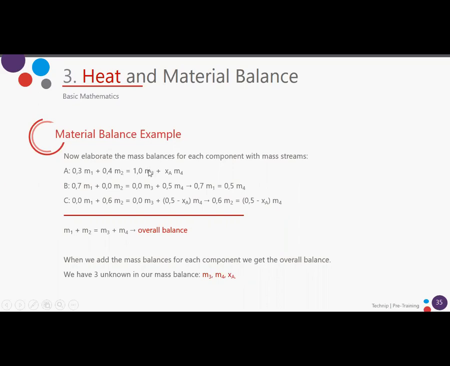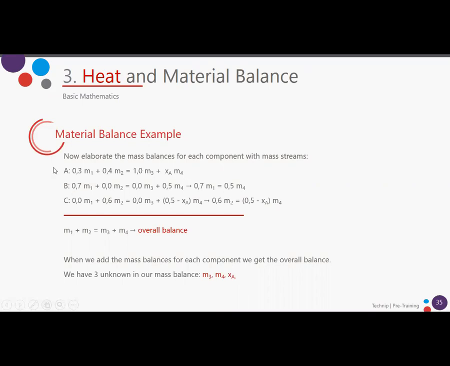Then we know that stream 3 was 100% A, so we can write 1 multiplied by the mass of stream 3. And then we didn't know the mass fraction of A in stream 4, so we write XA multiplied by M4. And we do this for the other two components as well.